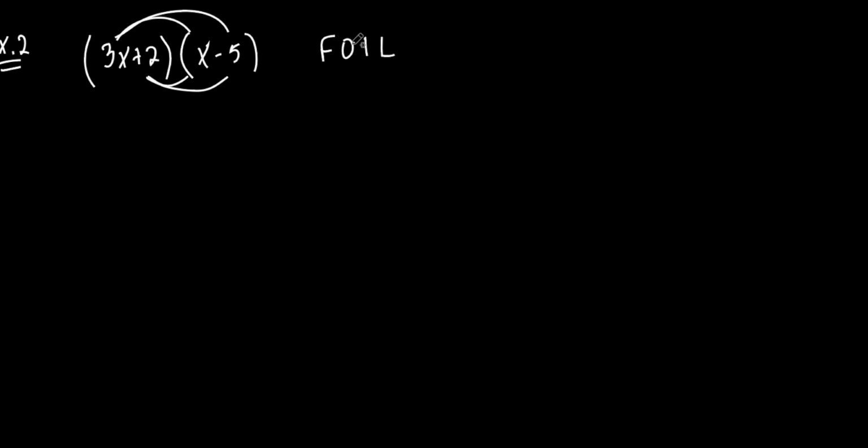So here, a lot of times, a lot of teachers, some books don't teach it, but it's actually in this book, okay, for FOIL. So a lot of people like to say first, outside, inside, last. Or some books say inner, outer. I don't know. I always said outside, inside. So that's the way I'll say it, okay? So the first terms, the outside terms, the inside terms, and the last terms. Okay?